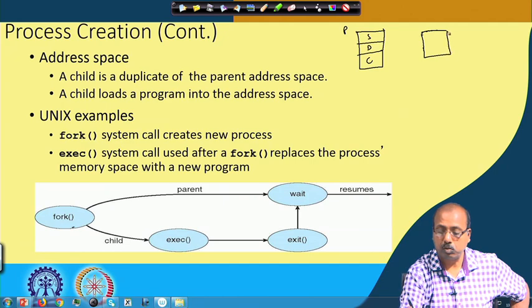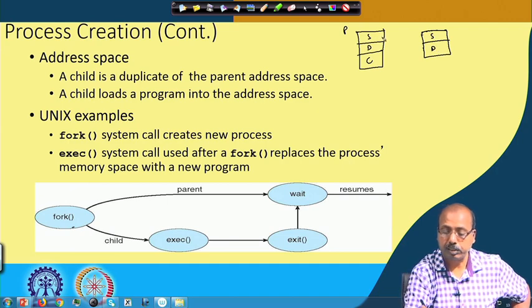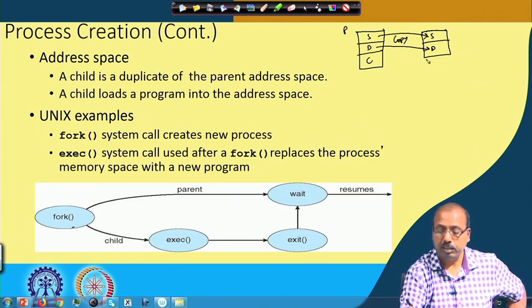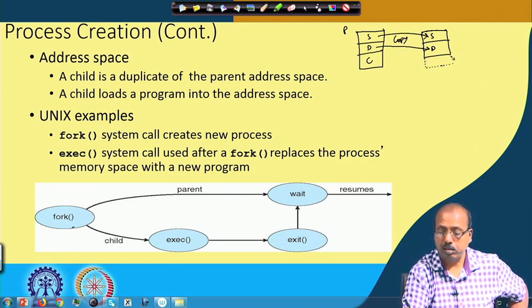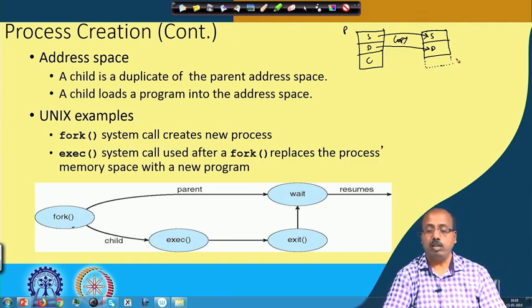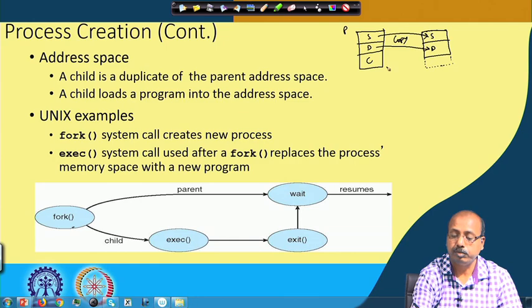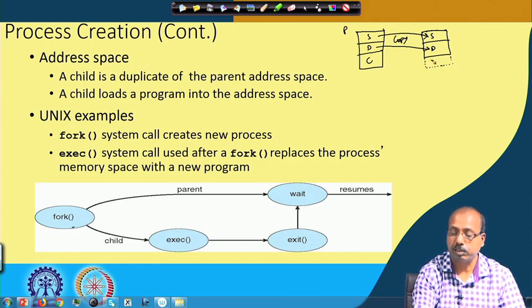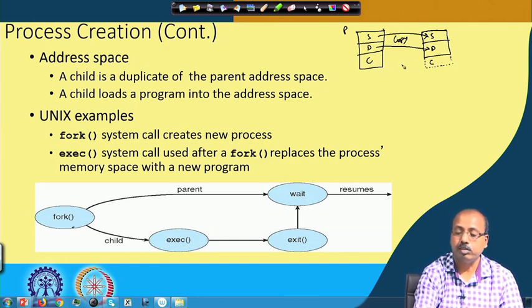Out of these, the stack and data will be a copy of the parent process. So, this is a copy and this is also a copy. However, this code part is exactly the same. We do not copy code, because there is no point copying code, since code is a read-only segment. So, this is actually the same code that we have.